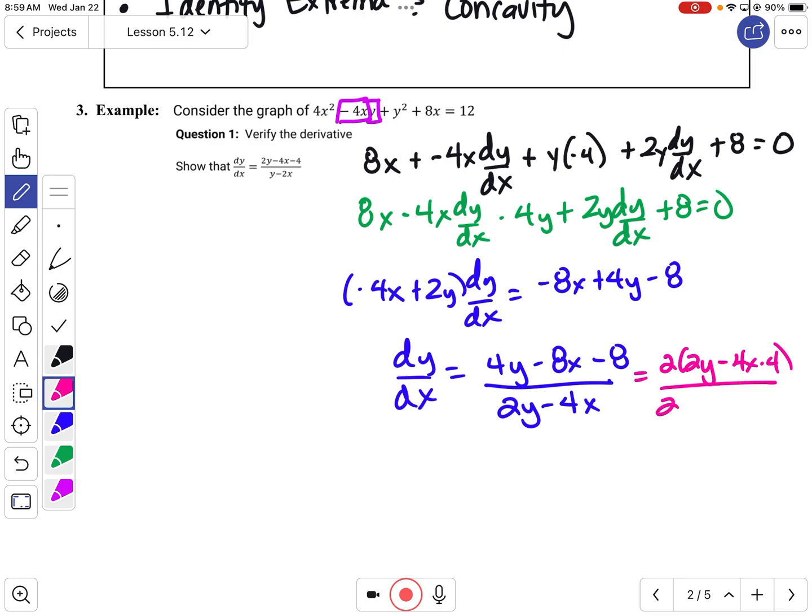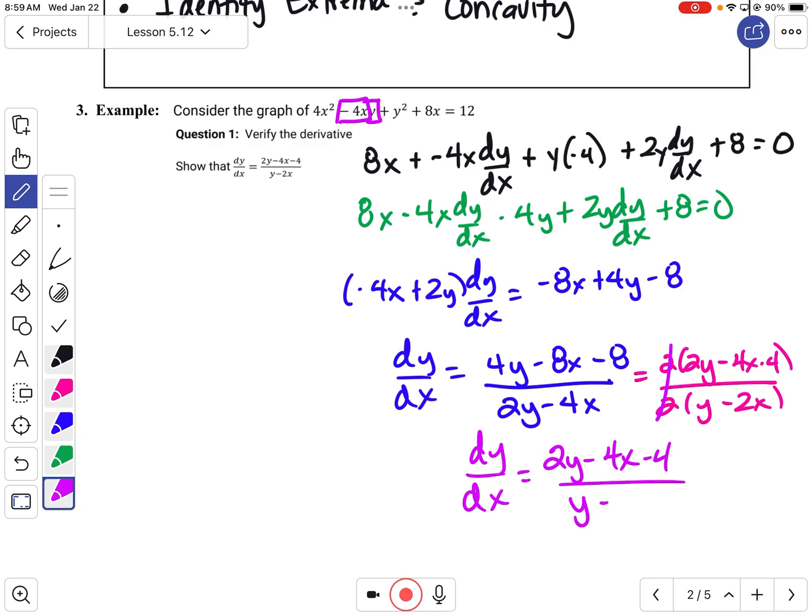On the bottom, a 2, y minus 2x. And then my 2's would cancel out. So I get dy/dx is equal to 2y minus 4x minus 4 over y minus 2x. All right. So they're going to want to see all your work, probably worth 2 points, if I had to guess, in the free response.